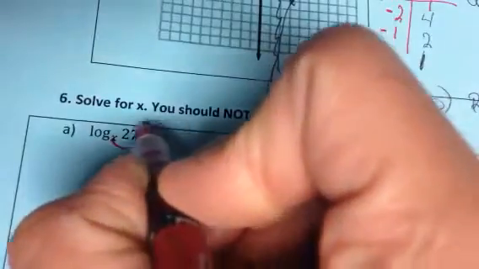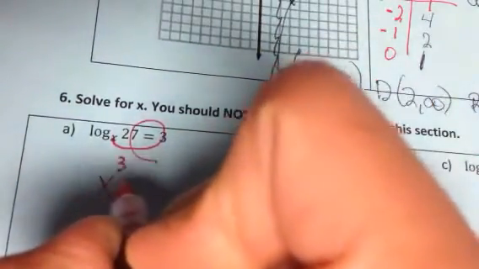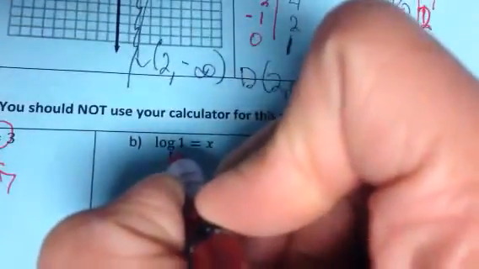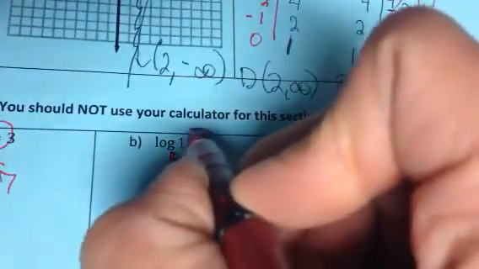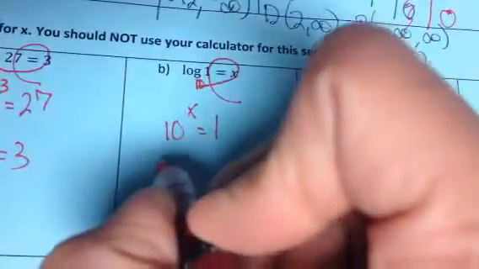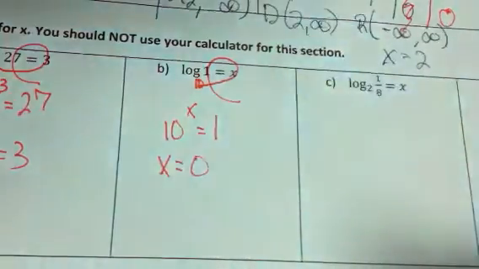So what to the third power is 27? Well, 3 to the third power is 27. I don't see a base. So 10 to the x power gives me 1. So what gets me to 1 is 0. Anything to a 0 power is 1. This one is 2 to the what power gives me 1/8.